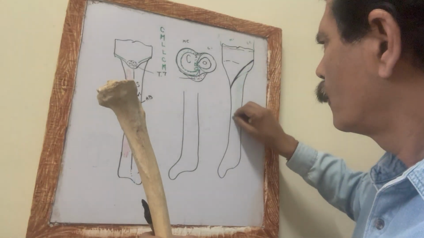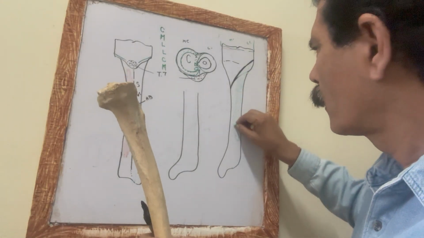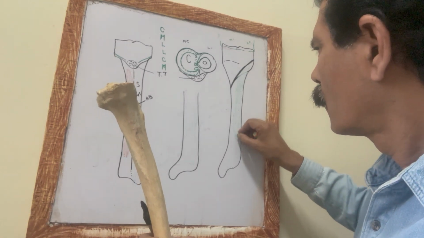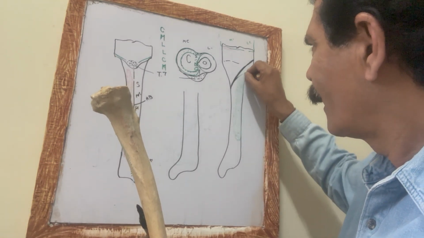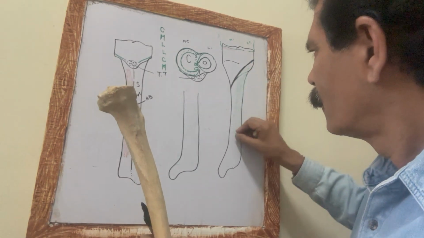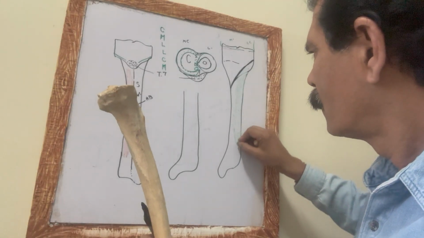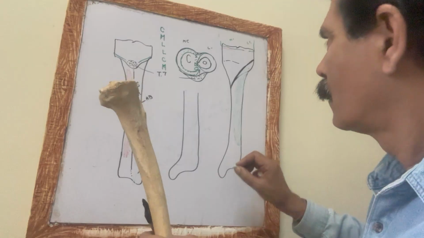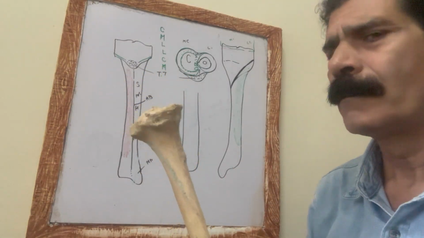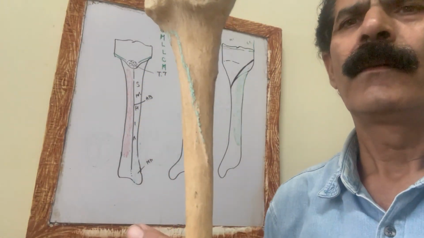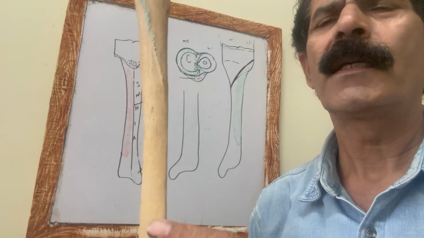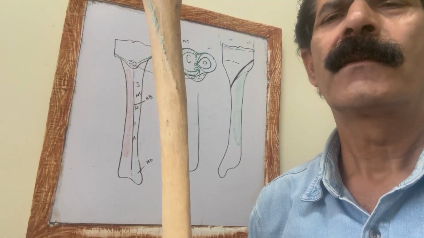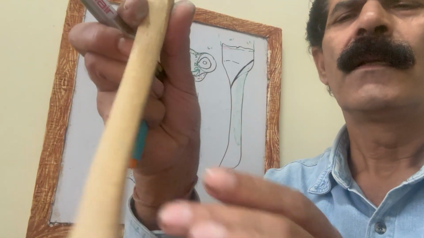This is the deep muscle of the posterior compartment of the leg. So below the soleal line, this whole area is for the tibialis posterior muscle.